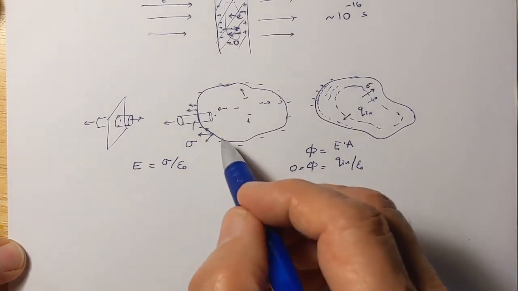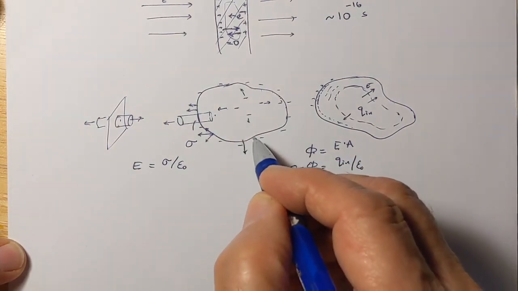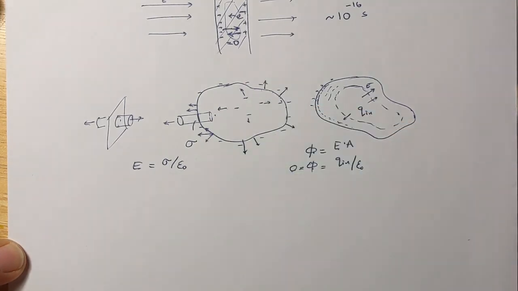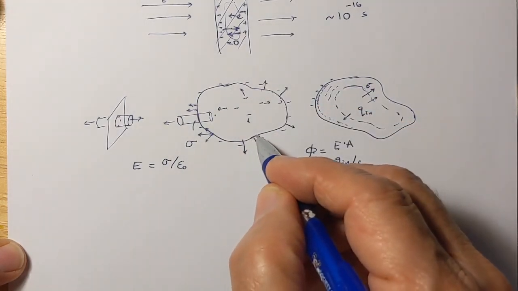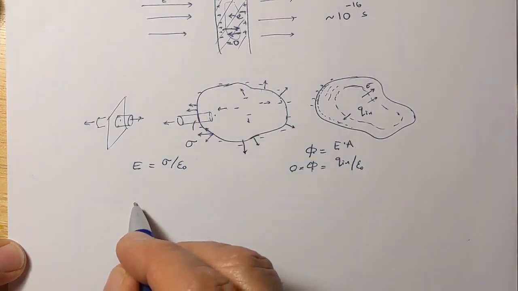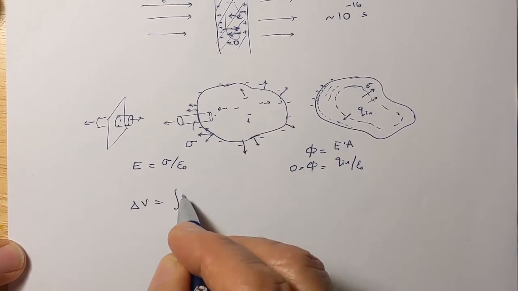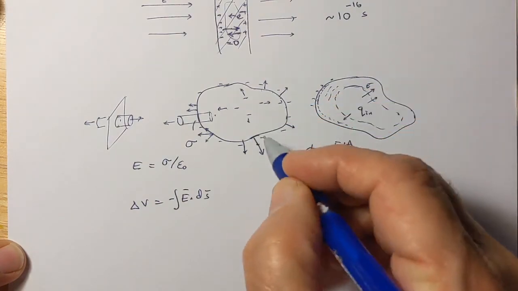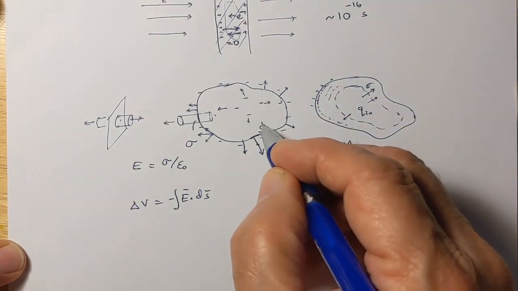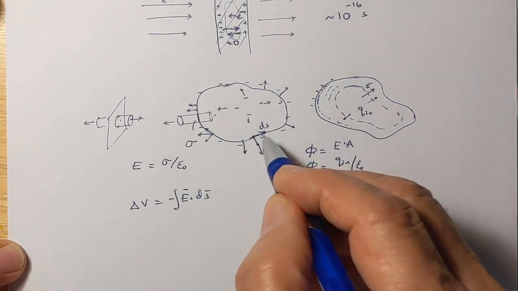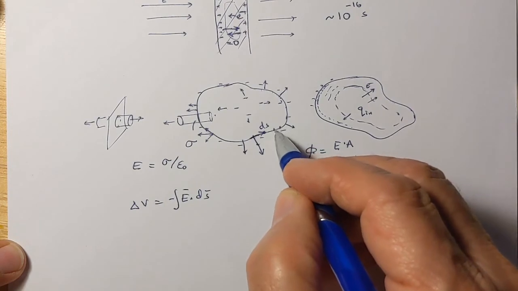Now, because the electric field is always pointing outwards, so this is the surface. If we take the delta V as the integral of E dot ds, and E is this way and ds is this way, so we're doing the delta V between two points on the surface.